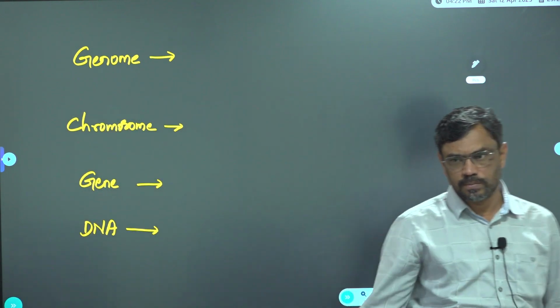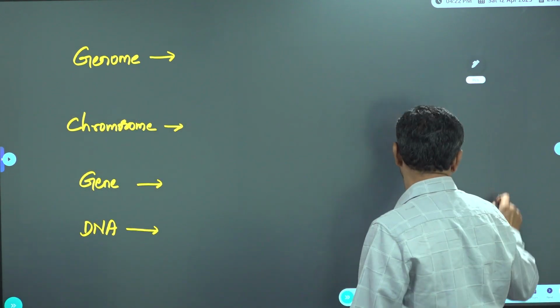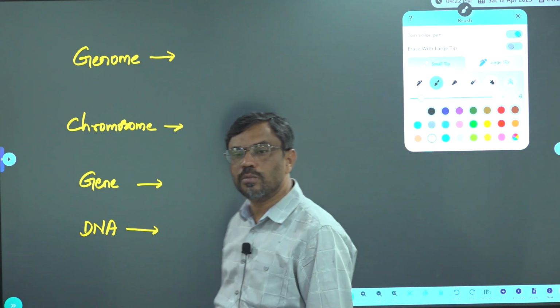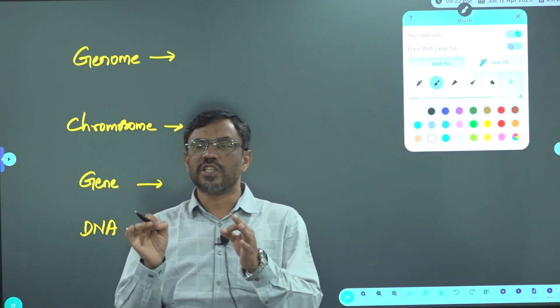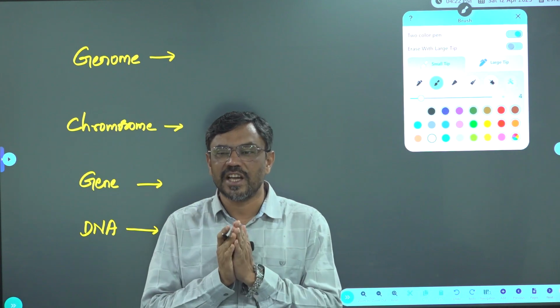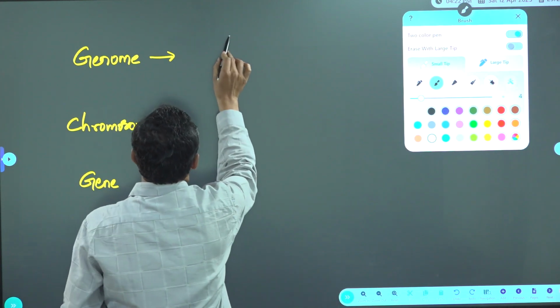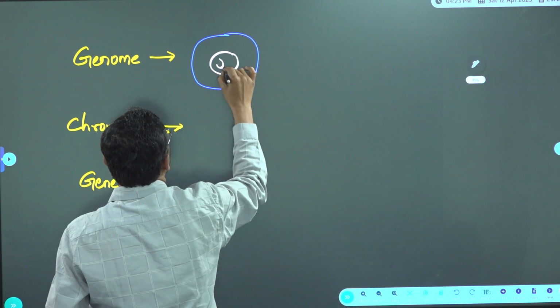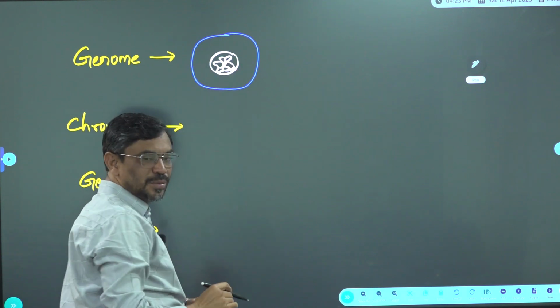What is genome? So genome is the haploid set of genetic material present in a cell. Suppose you consider this is a cell and this cell contains nucleus. In this nucleus, the genetic material is present.